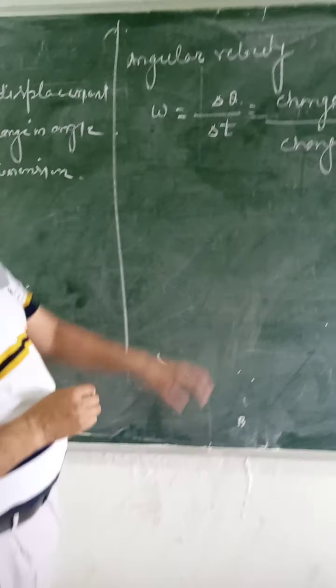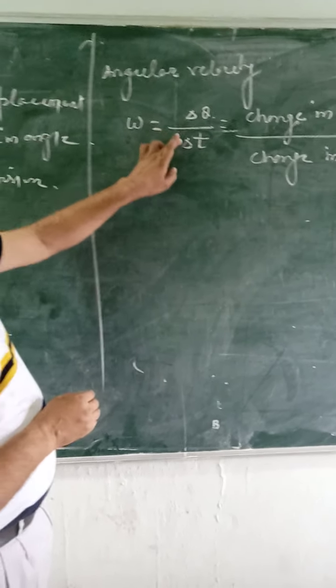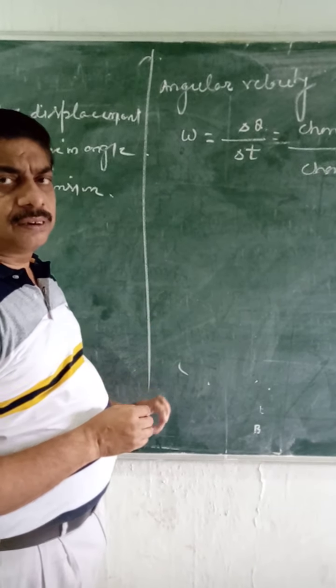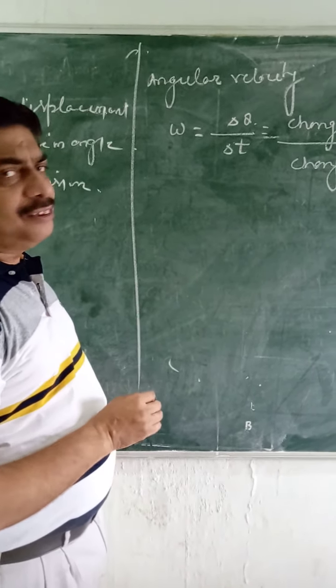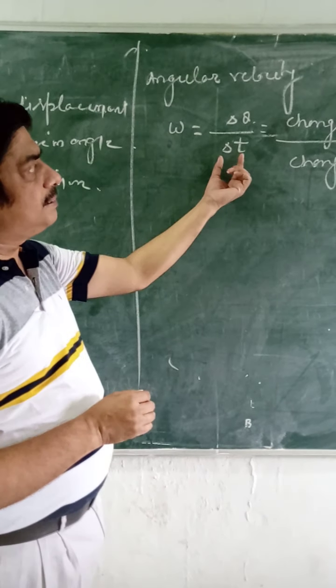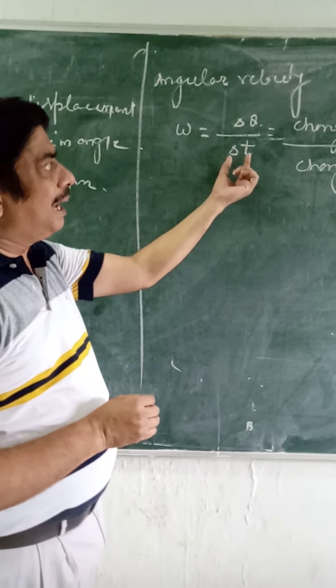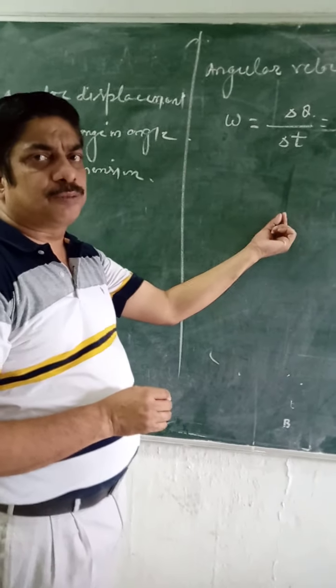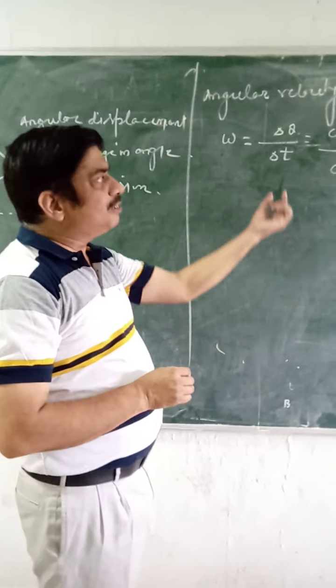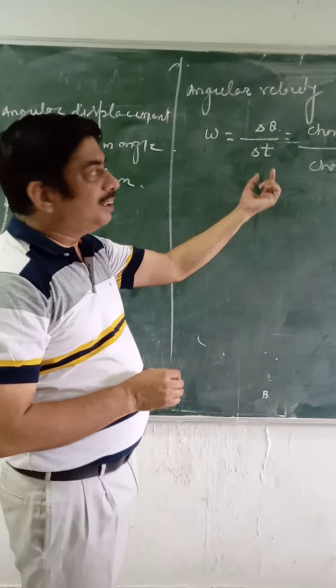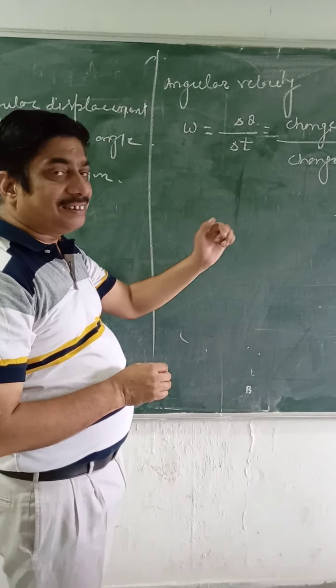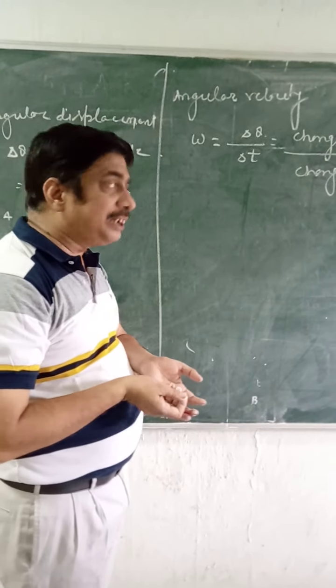Now, if this time interval is very small, it becomes an instant. How can this be written mathematically?